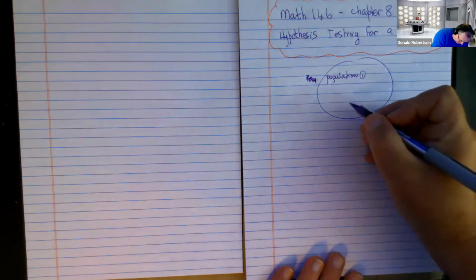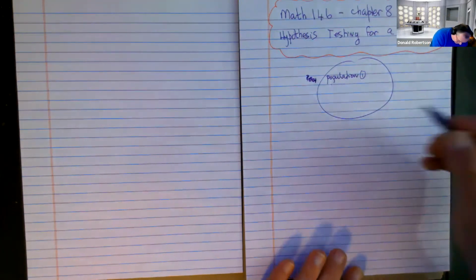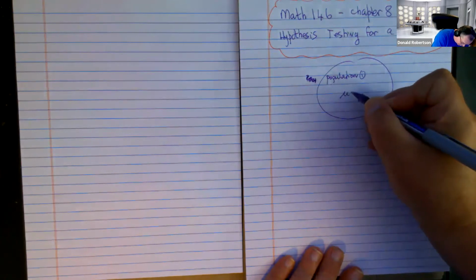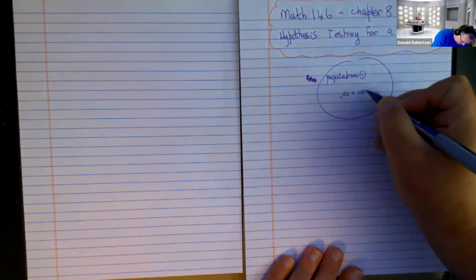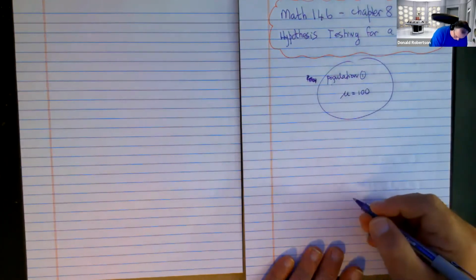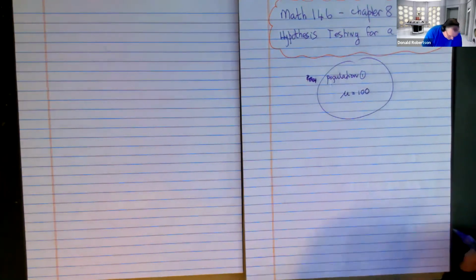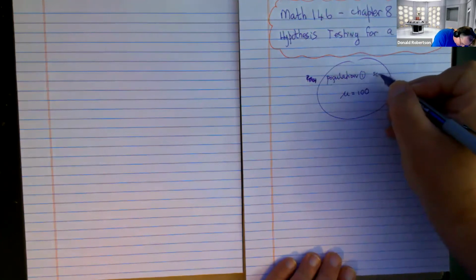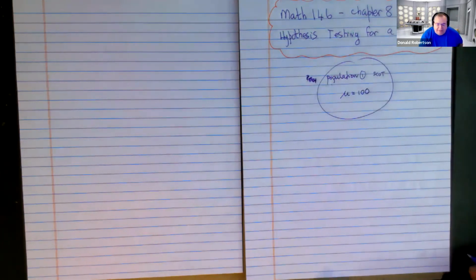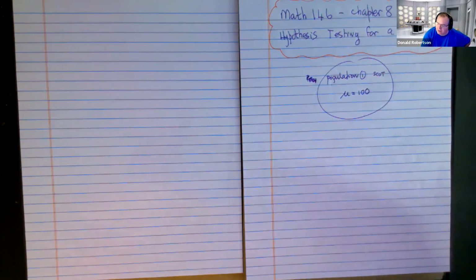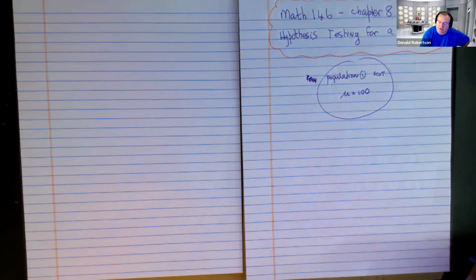And let's say that in this population, we believed that the mean used to be, let's say, 100. So let's say it's the IQ of Scotsmen. In the past, the IQ of Scottish people had a mean of 100, right? That's going to be the guy we're going to compare it against.